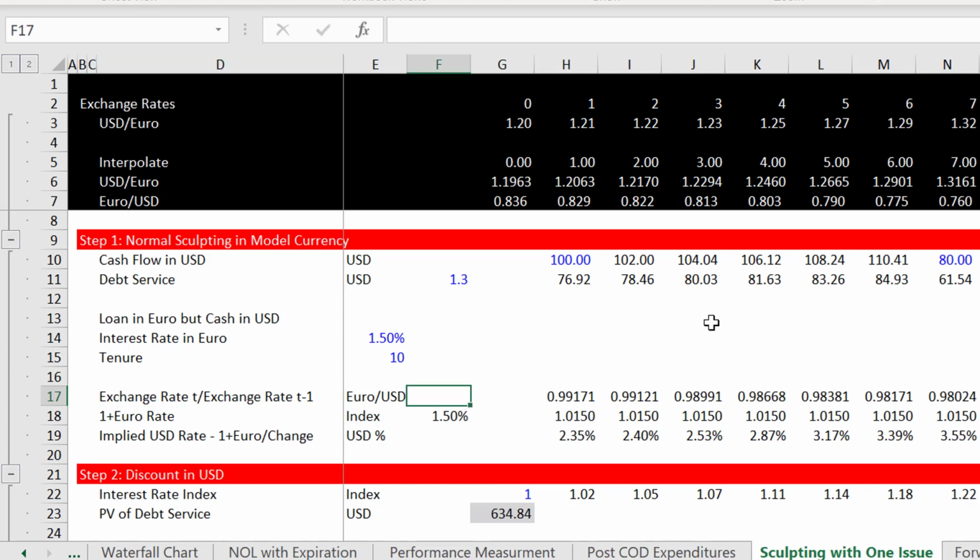You got to do it that way. And you take the rate of change of it. You take this period divided by the prior period. If it's annual, that's fine.